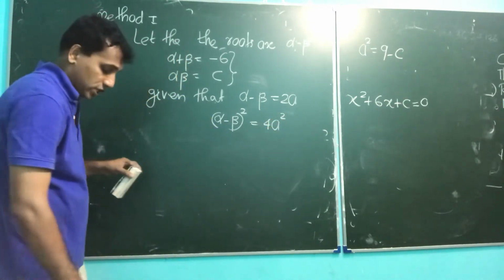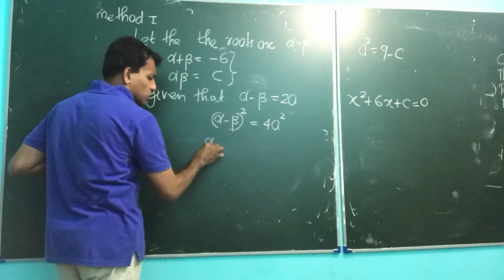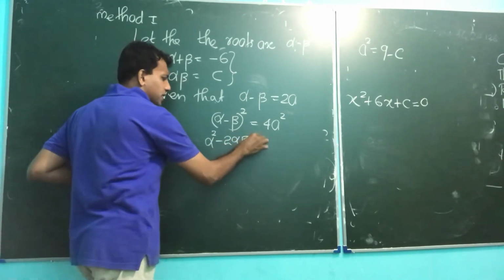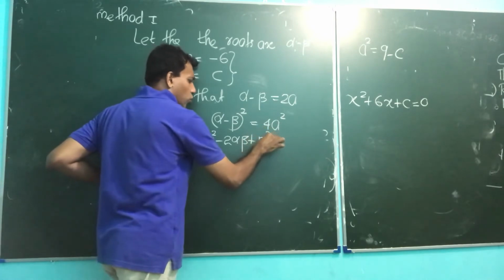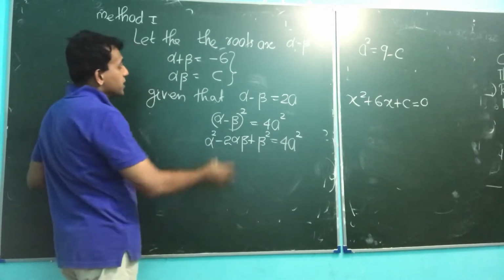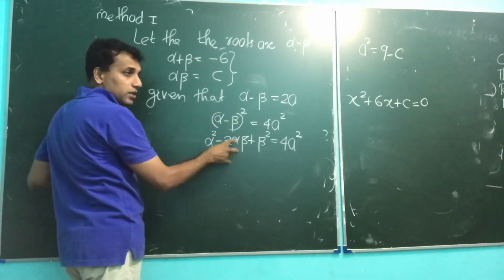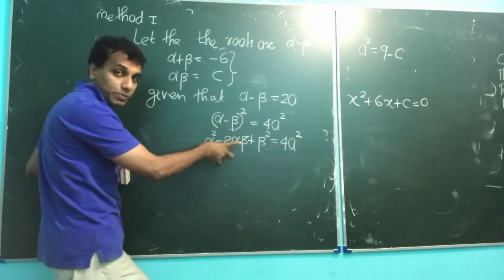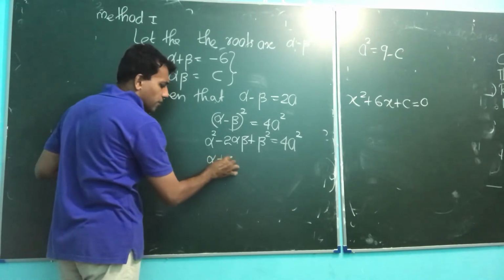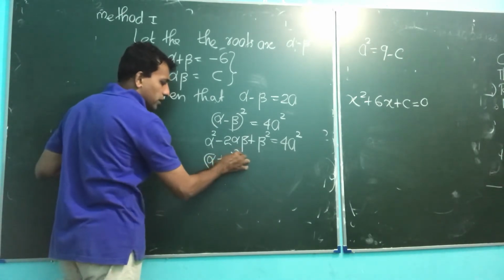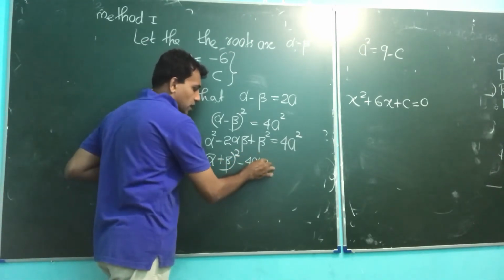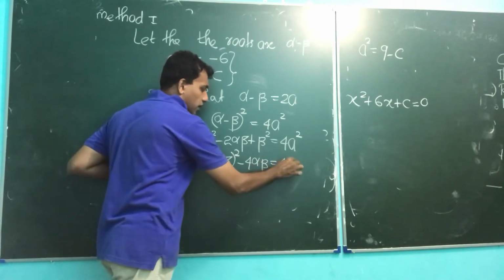Expand: alpha squared minus 2 alpha beta plus beta squared equals 4a squared. Now we need to apply the values. Take alpha squared plus beta squared as alpha plus beta completely squared, then subtract 4 alpha beta in total, equal to 4a squared.